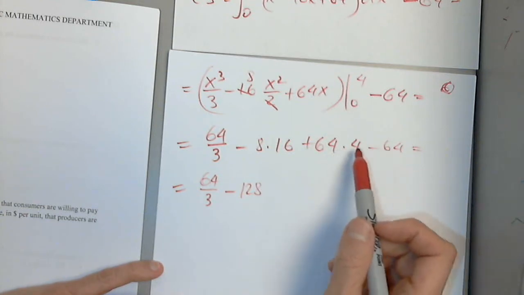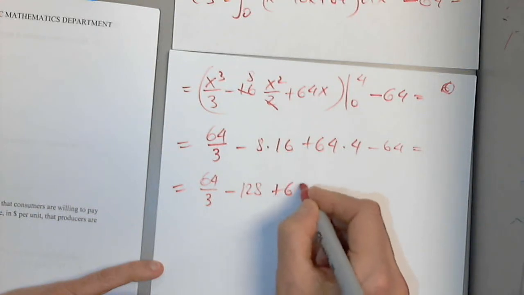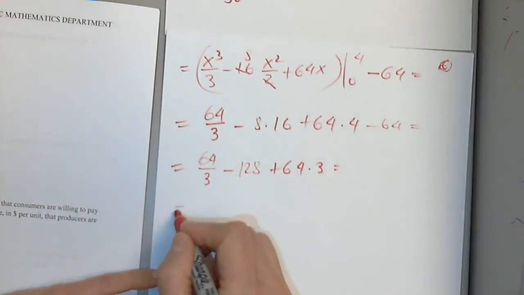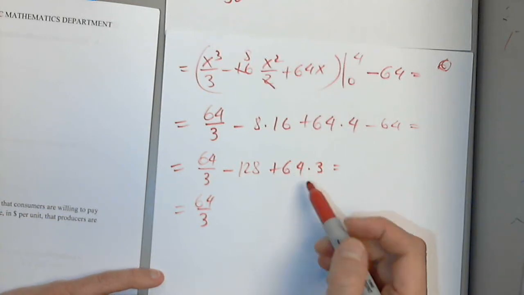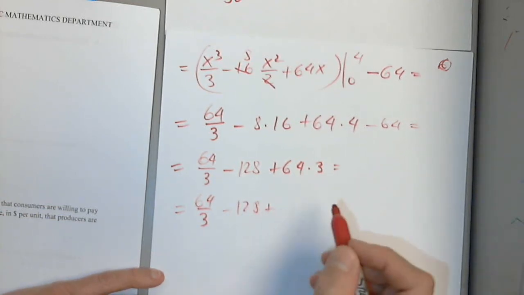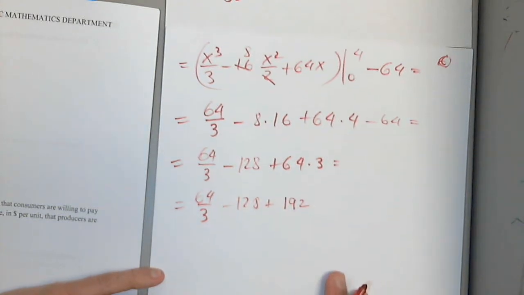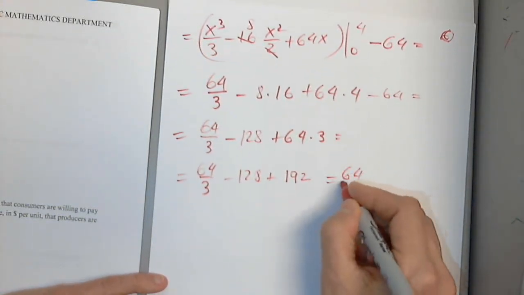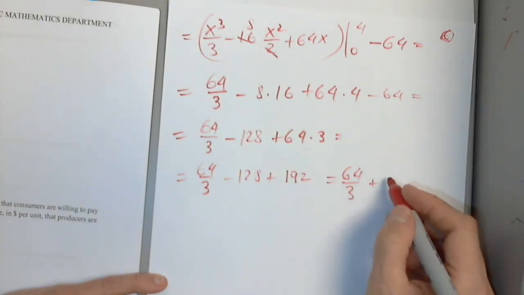Here, this is what I like to do. I factor out 64, so 64 times 3. So 64 over 3 minus 128, but plus 192, I think. So this is 64 over 3 and plus 64.